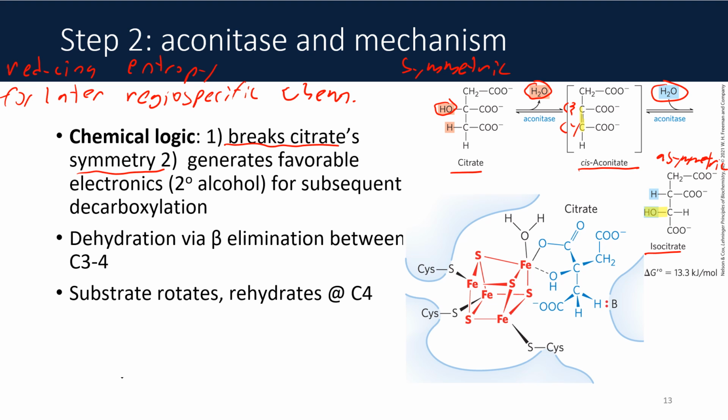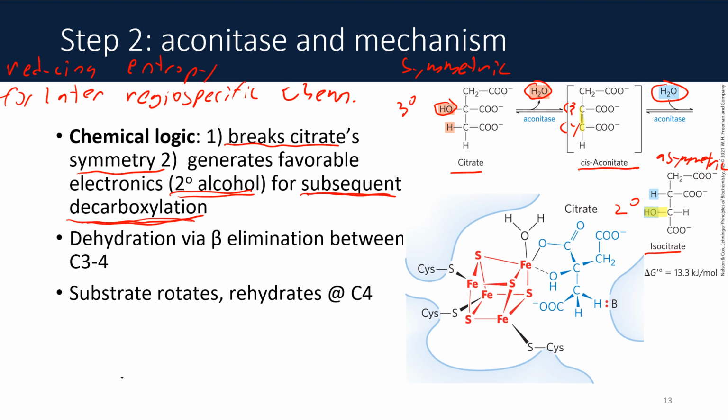Furthermore, the alcohol in citrate is tertiary, and in isocitrate, it's secondary. Making it a secondary alcohol is going to generate favorable electronics for a subsequent oxidative decarboxylation reaction. And that will be more apparent when we look at the next mechanism, which features this reaction.